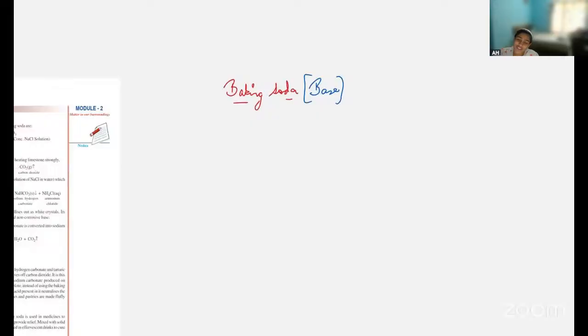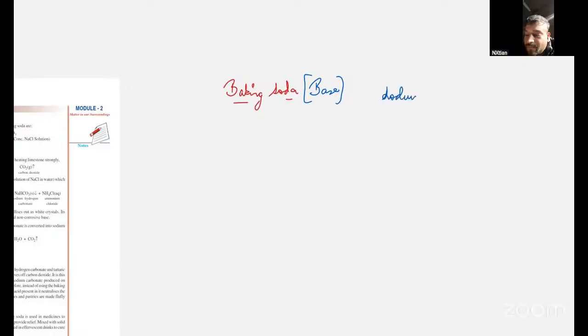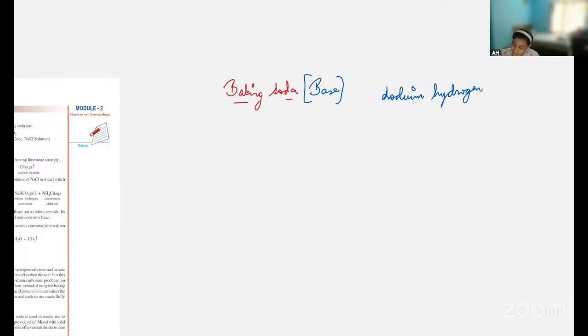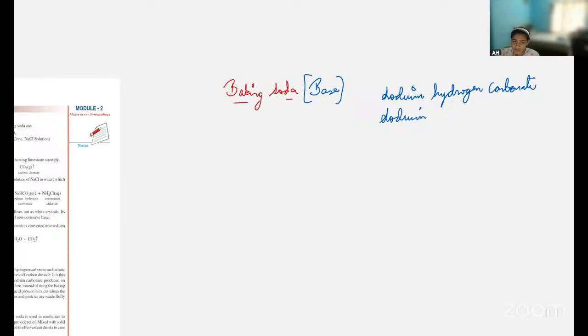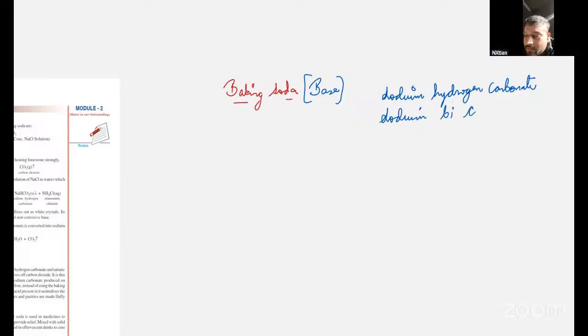We discussed it last to last time, when you were present. It is called sodium hydrogen carbonate, or sodium bicarbonate. And what is the formula for that?